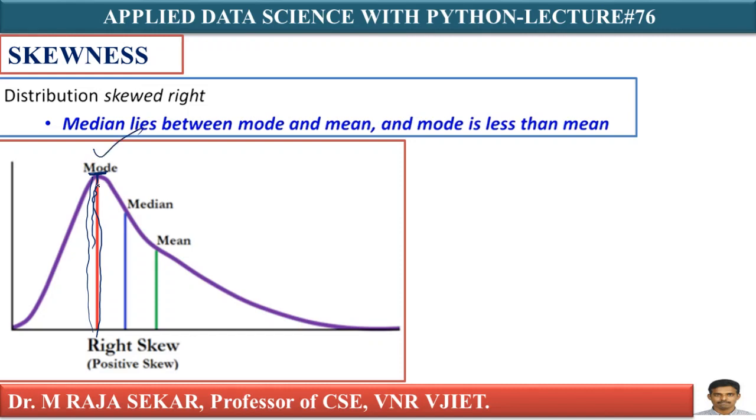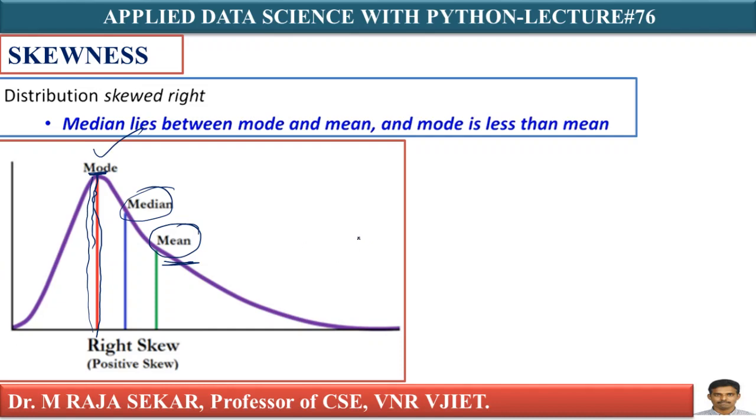I can always say it's the mode. In lecture number 73, we discussed that whether it is right skewed or left skewed, your median is always in between. Median must be in between. In the case of right skewed data, the mean will be on the right side. If it is left skewed data, your mean will be towards the left side.